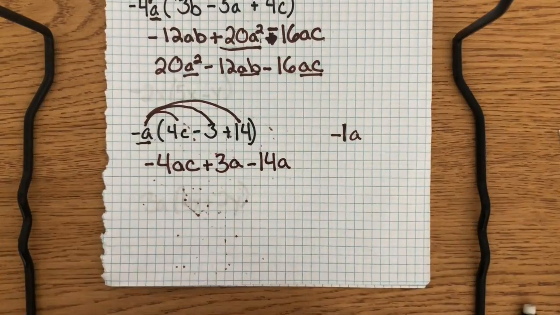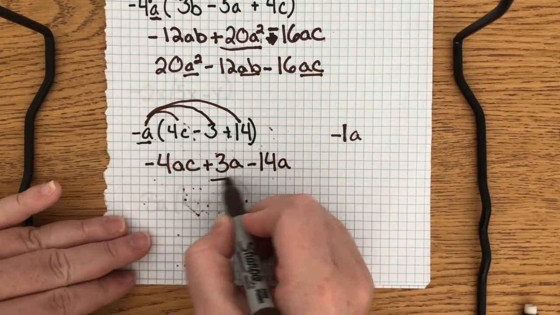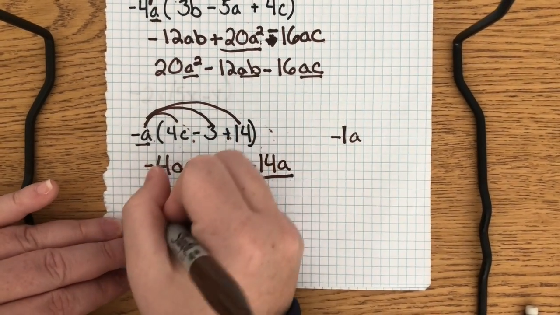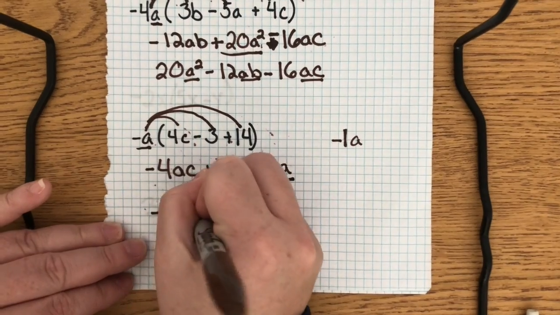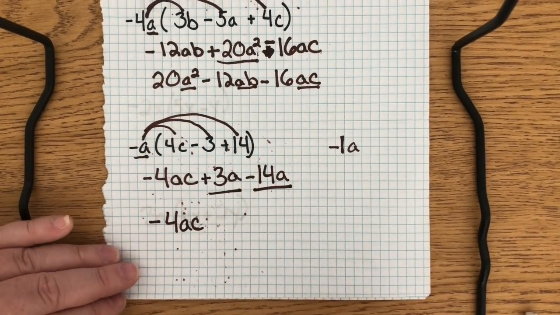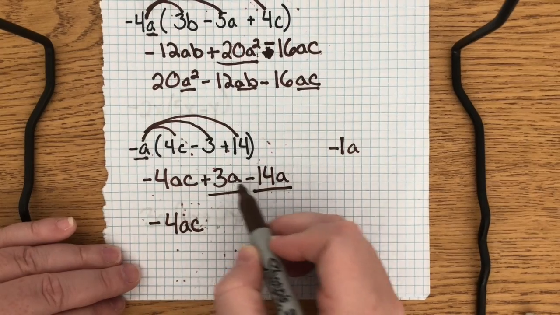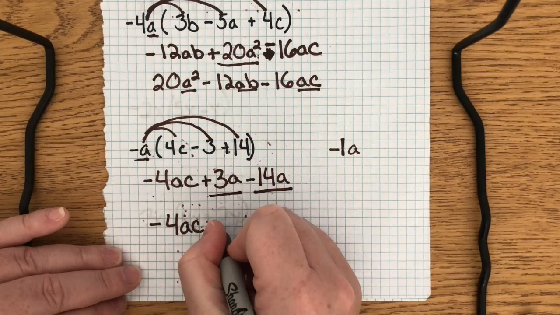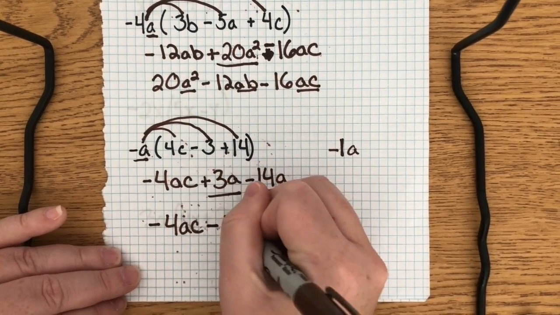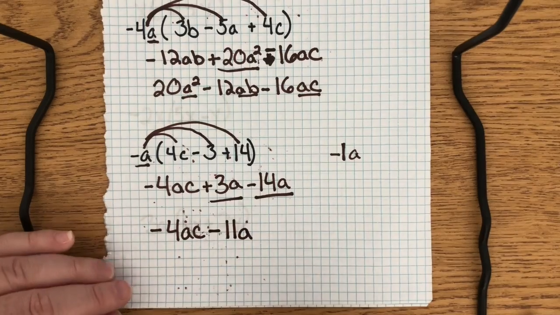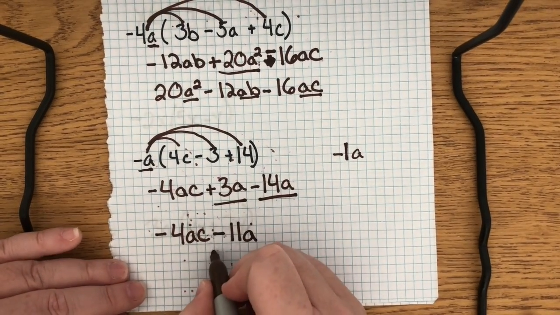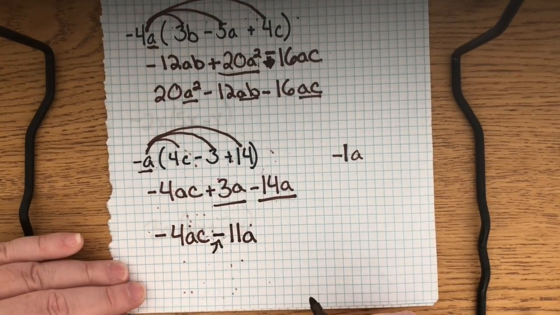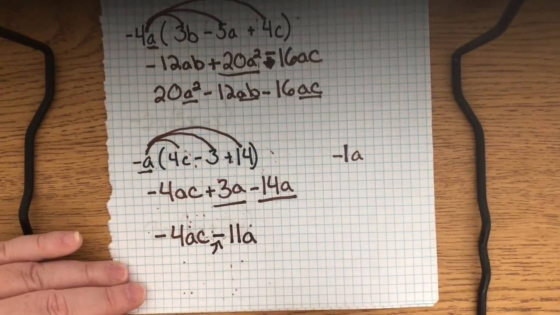Now again, I look at the terms and I see I have 2 terms that are alike, so I have to combine them. So I bring the -4ac down because I'm not going to mess with that. And then I've got 3a minus 14a. Well, I know it's going to be -11a. Now, I did say earlier this year that this sign can either be a negative or a subtraction sign, depending upon how I'm looking at it.